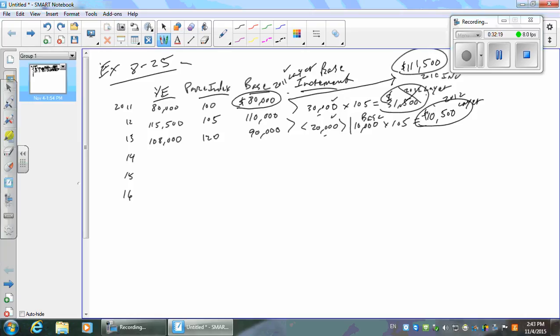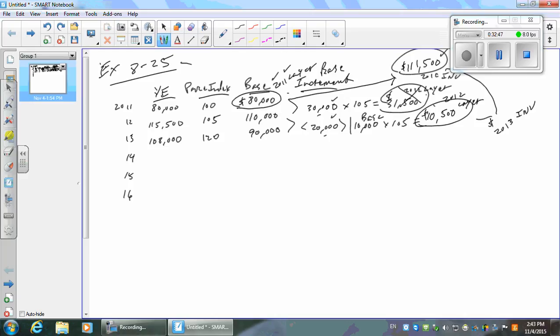Did I do it? So what's my inventory? This was the 2012 inventory. This was the 2011 inventory. What's my 2013 inventory? It's 111.5 plus 10.5, right? How much is that? It's the 2013 inventory.